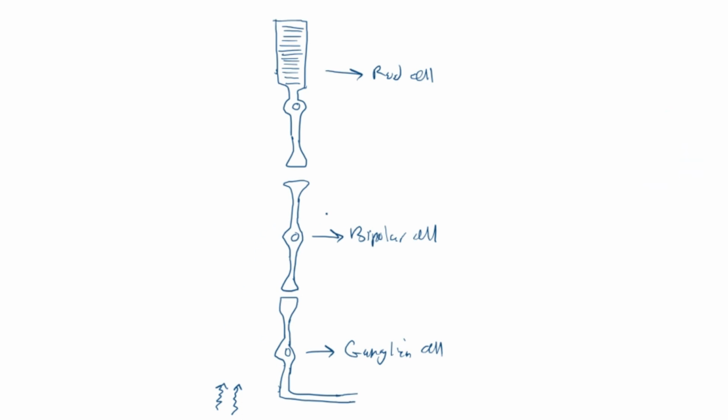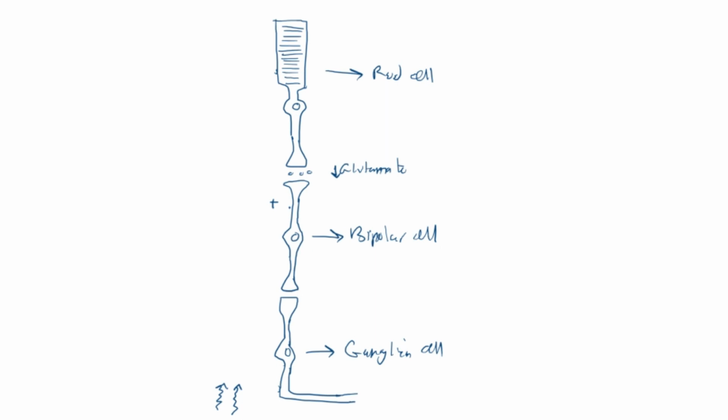So when light reaches the photoreceptor cells, they hyperpolarize, and then they release less glutamate. Now this reduced glutamate level will cause the bipolar cell to become more positive and depolarize.